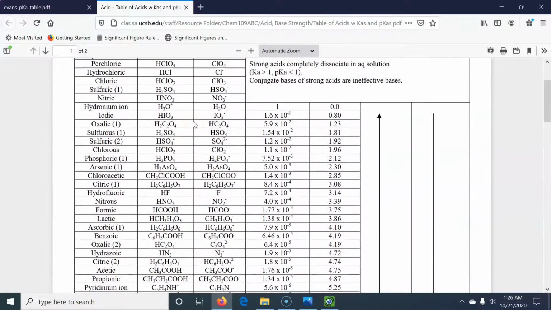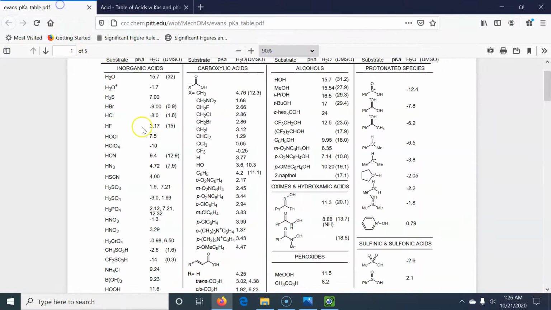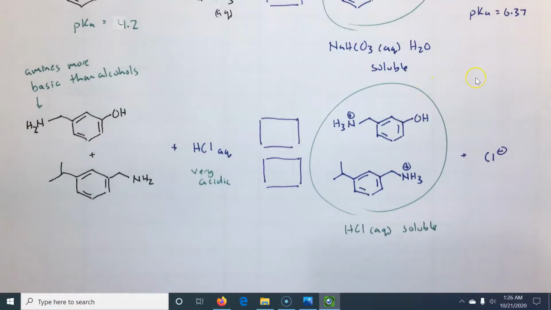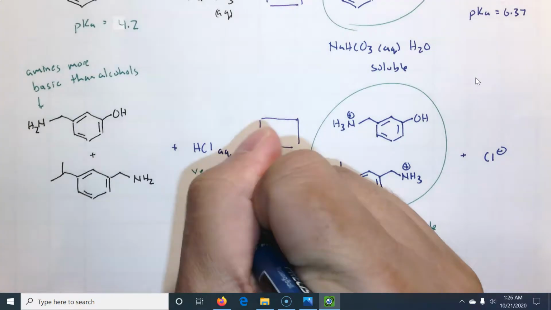The pKa is less than 1, okay, we'll go with that. Let me see what Evans says, actually. Let's use Evans. The pKa is -8. pKa can be negative. That's super acidic. Okay, this is the acid, and the pKa equals -8.